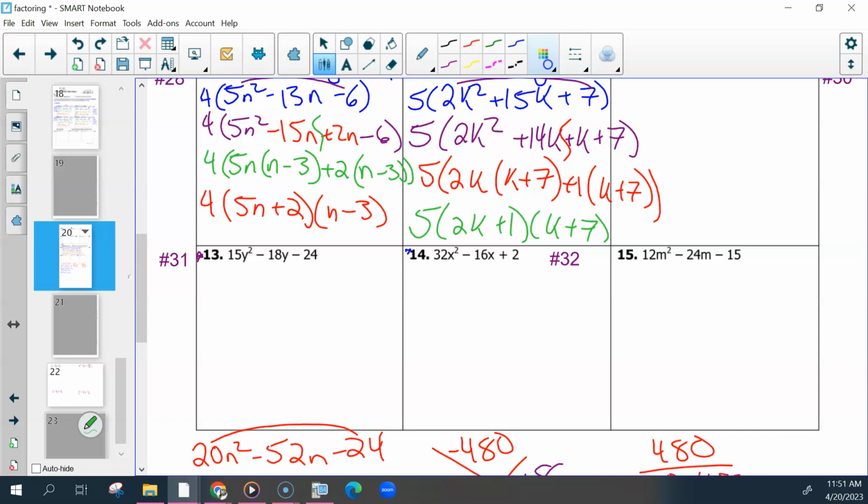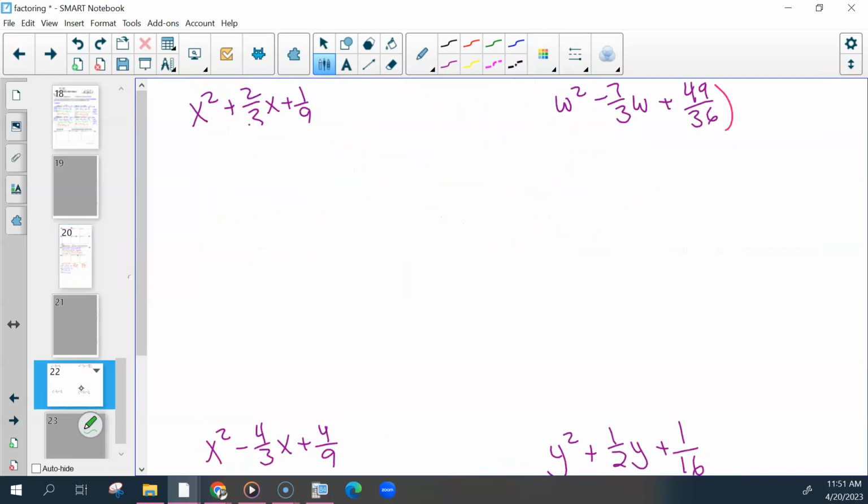Somewhere where you have space, I'm going to have you write down these questions. Write down these two for certain. These are the two we're going to do together. These two I would write down so you have practice.